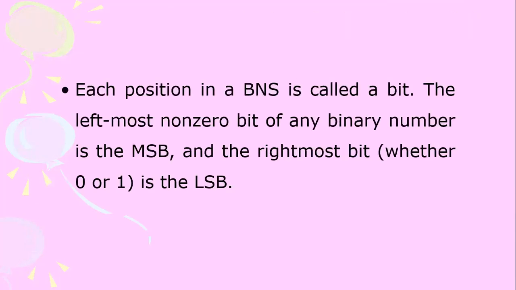Each position in a binary number is called a bit. The leftmost non-zero bit of any binary number is the most significant bit, and the rightmost bit, whether 0 or 1, is the least significant bit.